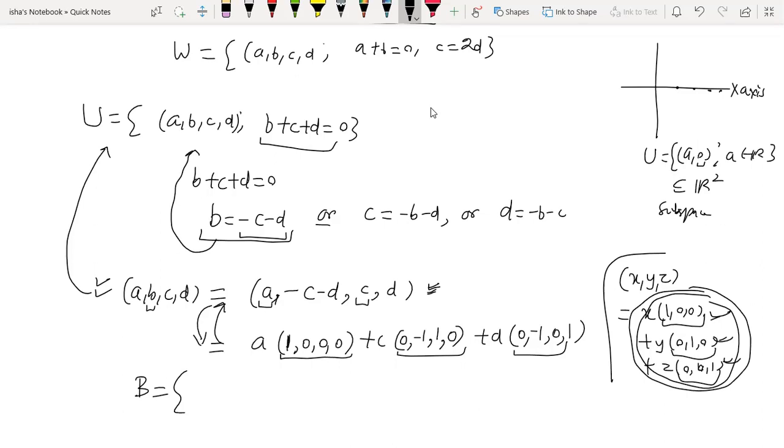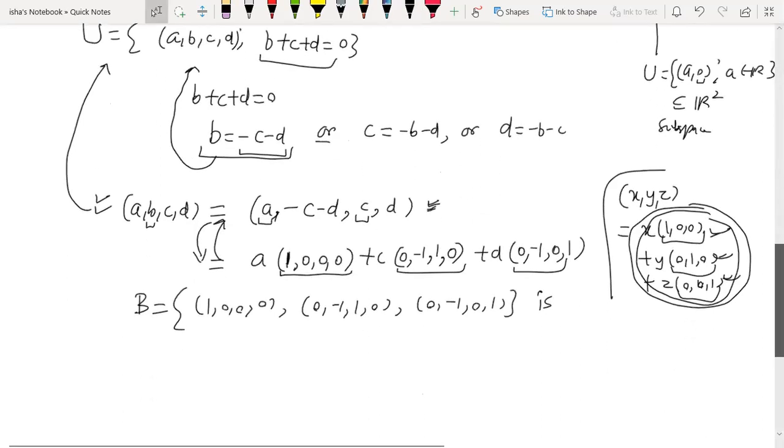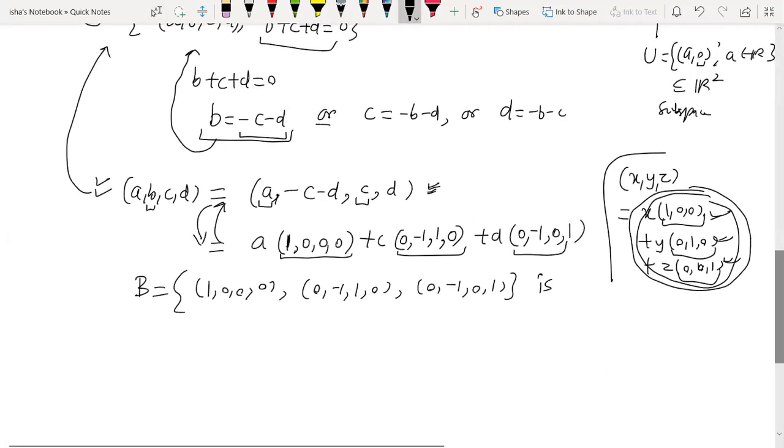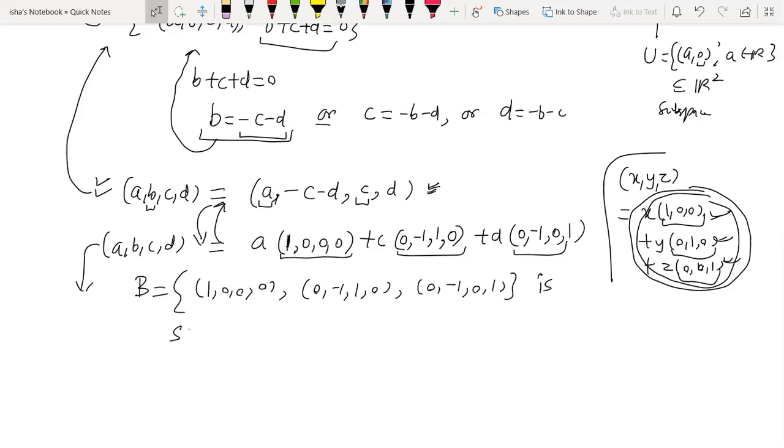Now I'm claiming that this set containing these three vectors, 1 0 0 0, 0 minus 1 1 0, 0 minus 1 0 1, is actually a basis, because this condition is telling me that this set is spanning the vector space U. It's spanning, right?